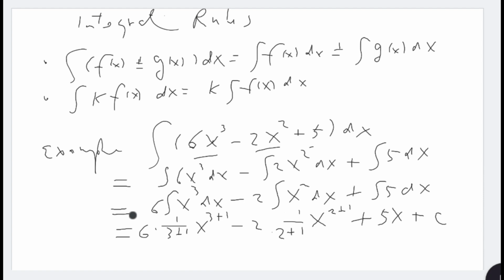You don't need the 3 separate c's. And finally, you can simplify it as 6 over 4 x to the 4th power minus 2 over 3 x to the 3rd power plus 5x plus c. Okay, so this simple example shows you how we use these integration rules and integration formulas to evaluate the integral.